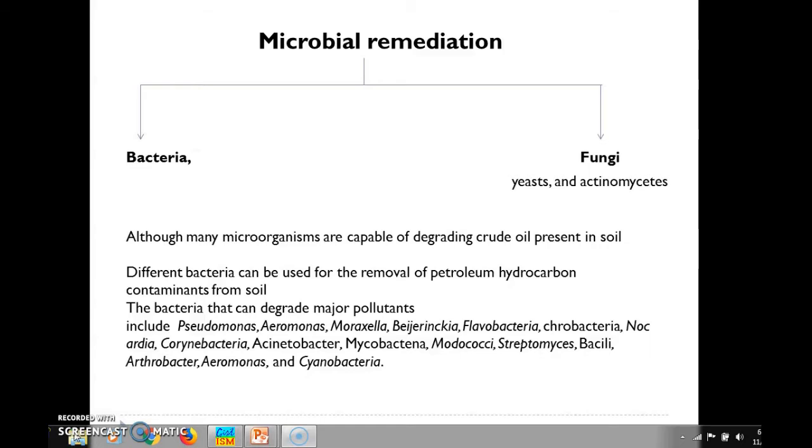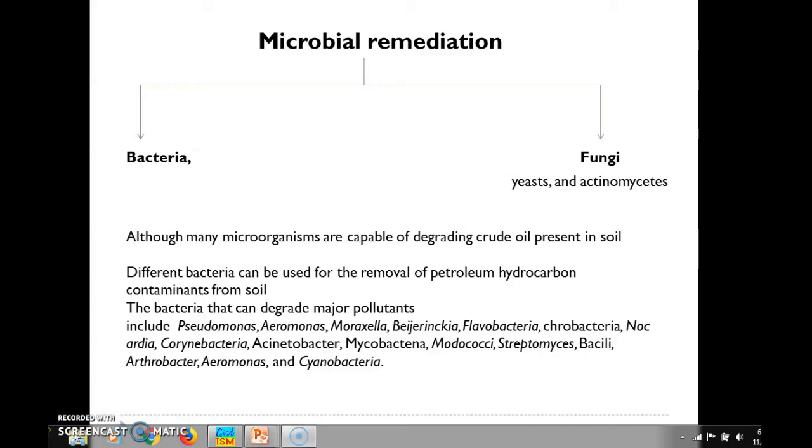They can be applied in both in situ and ex situ conditions. In addition, many extreme environmental conditions can be cleaned by such microbes. Such microbes can clean several extreme pollutants present in the environment.